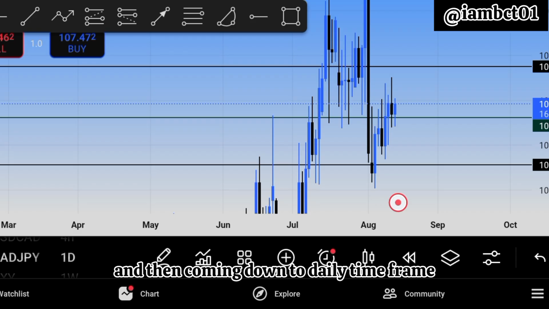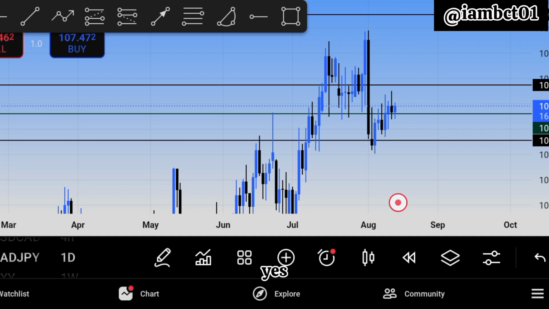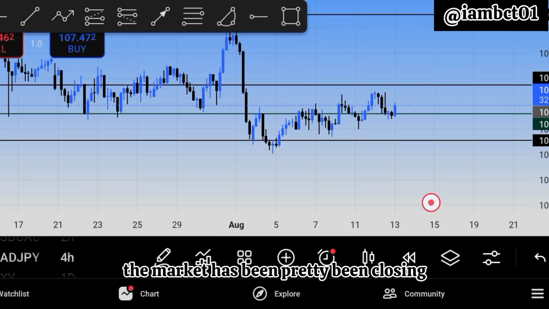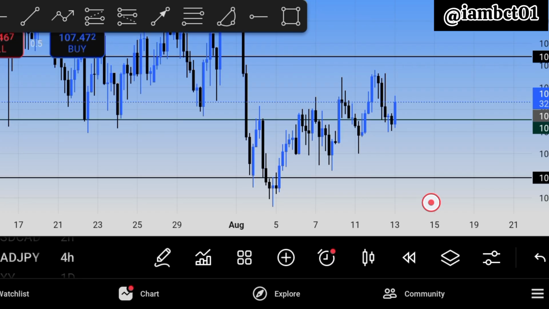Then coming down to the daily time frame, the market has been closing bearish, a whole lot of bearish.